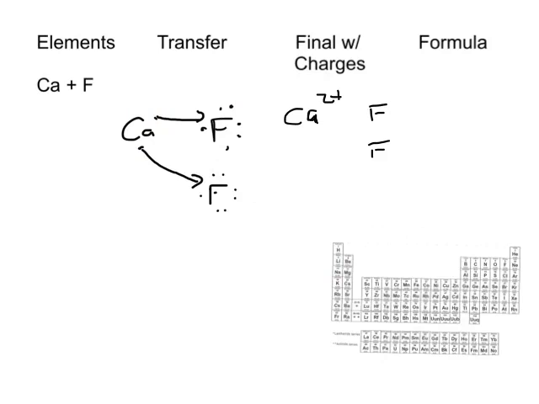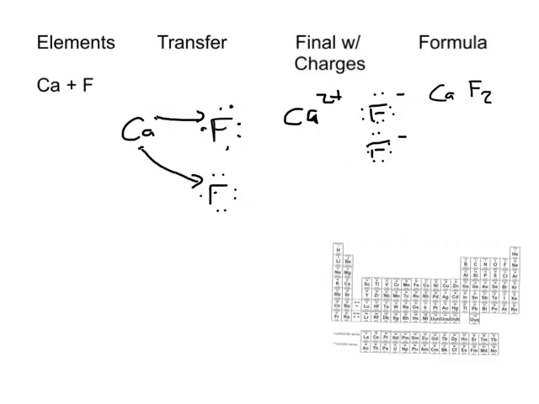And I have 2 fluorines, each of which now has 8 dots and a -1 charge each, because each fluorine accepted 1 electron from the calcium. My charges still cancel out, +2, -1, -1 cancels out. And my formula in this case is going to be CaF2 because I used 1 calcium and 2 fluorines.